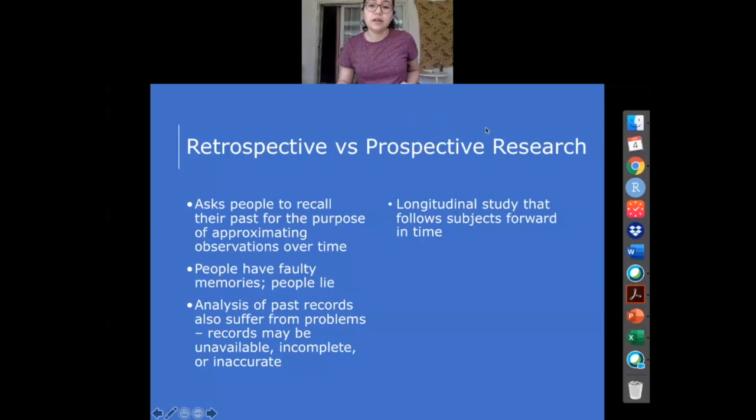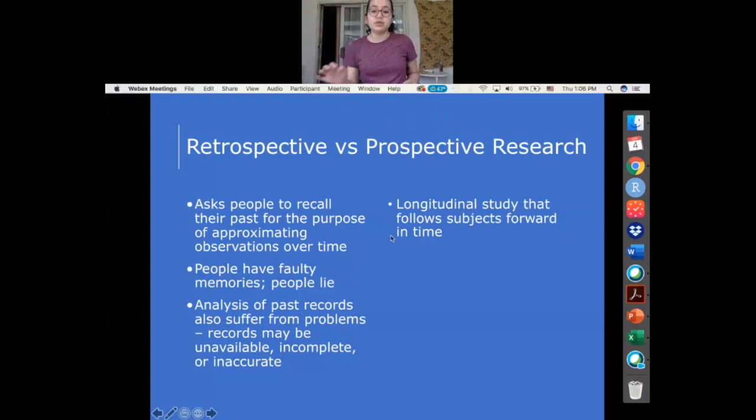Time in variables in sampling can show up as retrospective or prospective. In retrospective studies, you're asking people to recall their past for the purpose of being able to categorize the data into time prior, right?